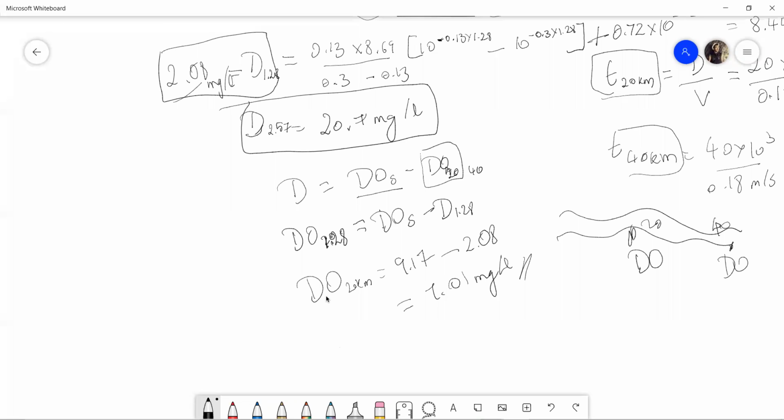Right? And dissolved oxygen at 40 kilometer distance is equal to 9.17 minus how much?